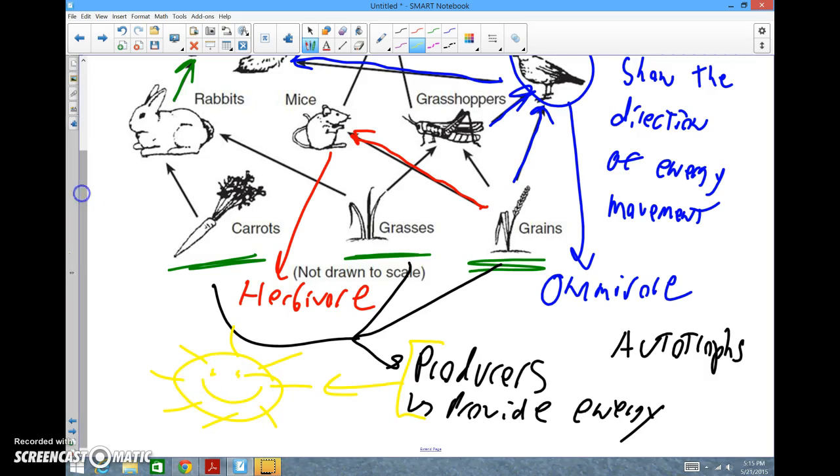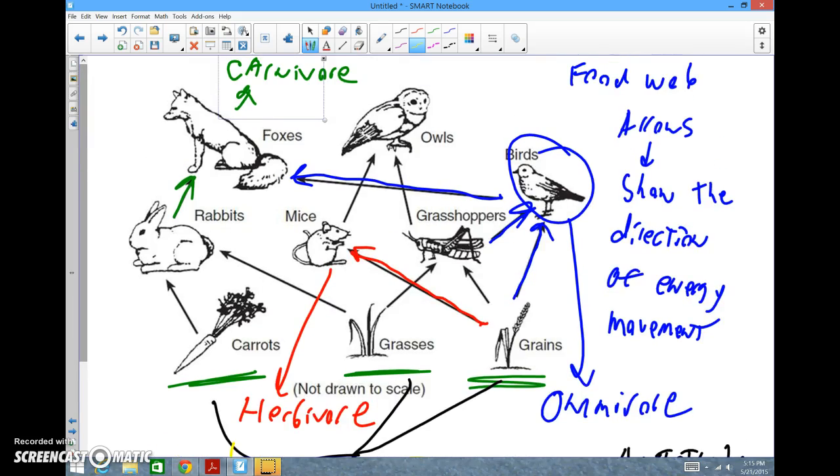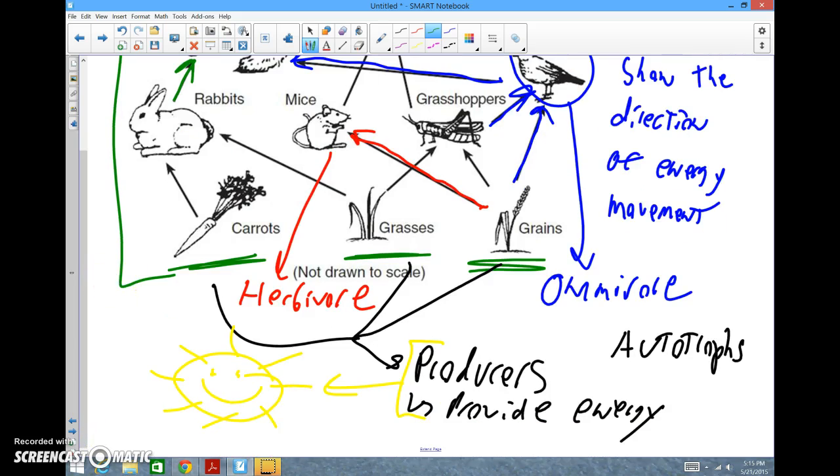Now, if the organisms at the bottom of this food web, the carrots, the grasses, the grains, are producers, that makes everything else up here something we call a consumer. And that's because they get their energy only from other organisms. And consequently, they fall into the category of a heterotroph.